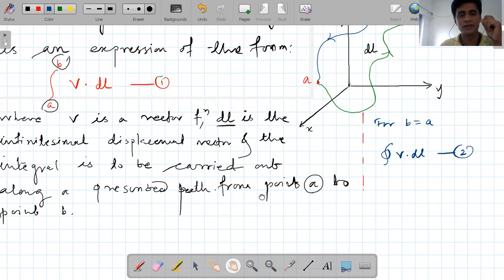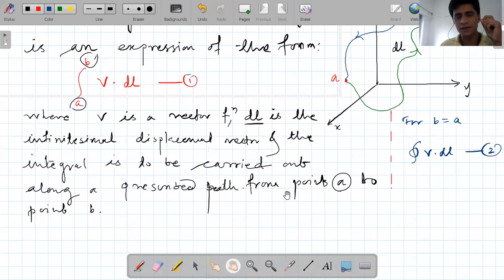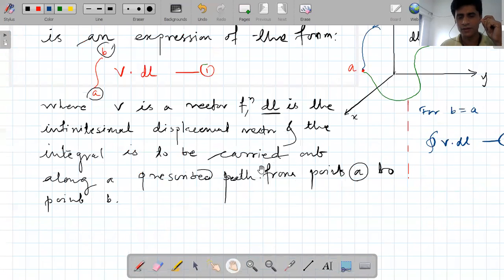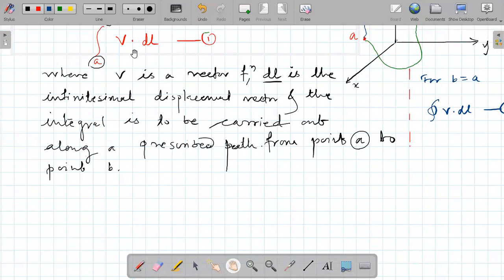Okay, and then I will write an example of line integral, the most familiar example. I will write here.